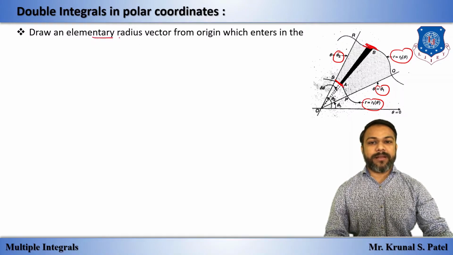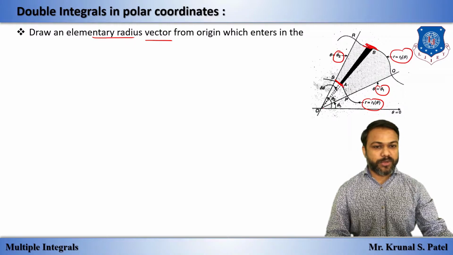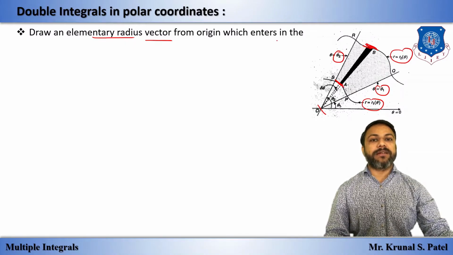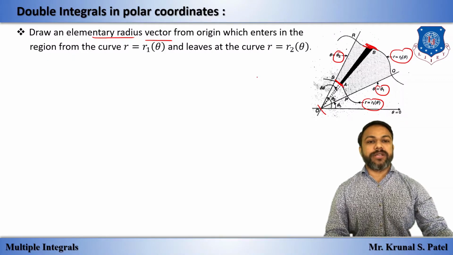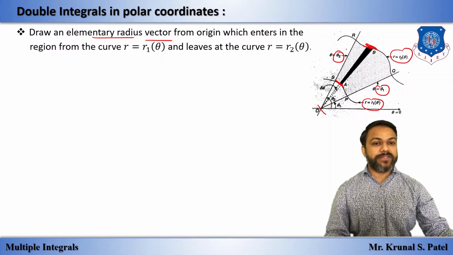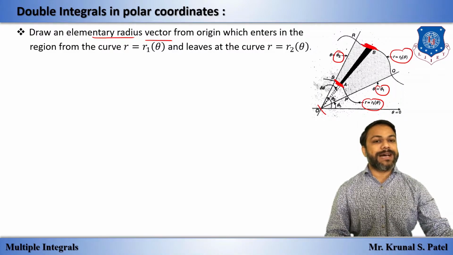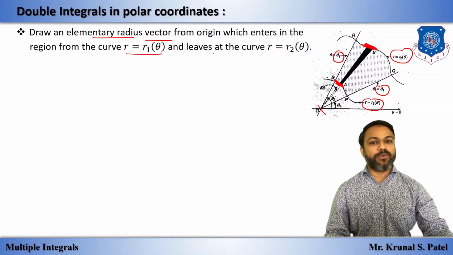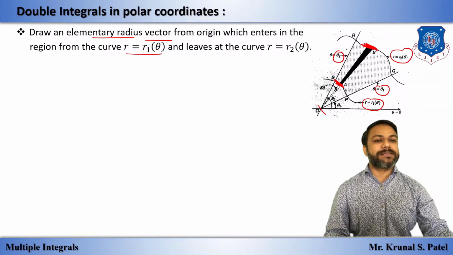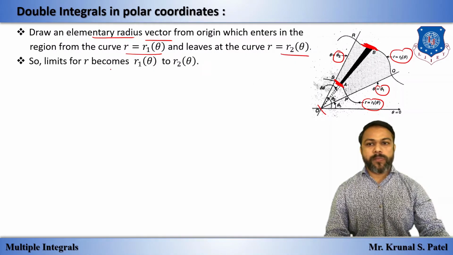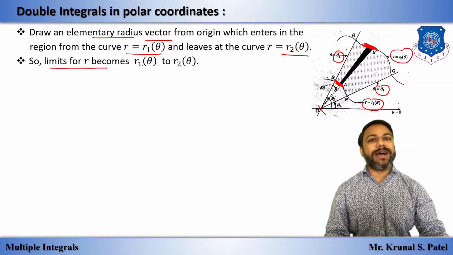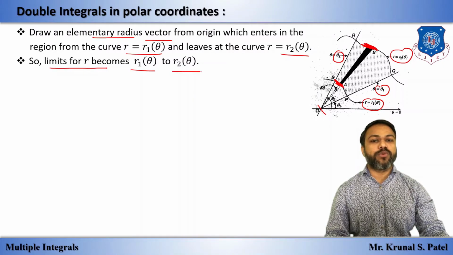These are the steps. Draw an elementary radius vector from the origin. We start from the origin, enter the region at r equal to r1 of theta, and leave at r equal to r2 of theta, so the limit of r becomes r1 of theta to r2 of theta.